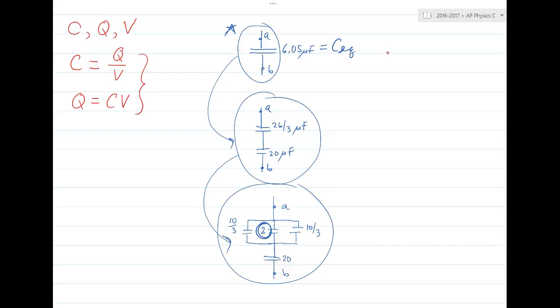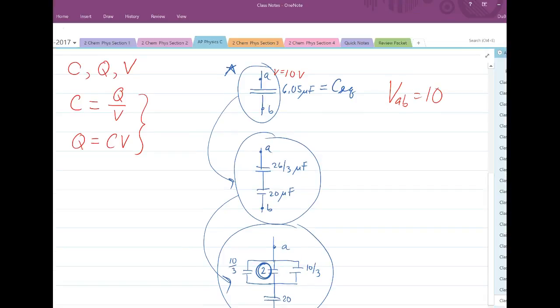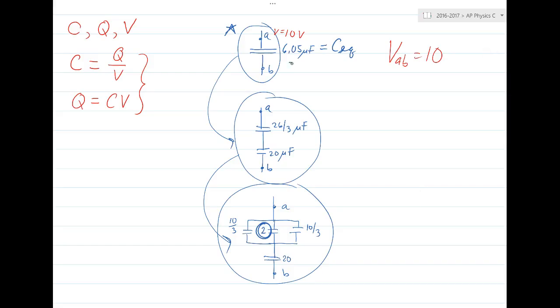Now, what we're told is that the voltage between A and B is 10 volts. So VAB is equal to 10. So there's 10 volts right here. And so that's V. And so we can automatically calculate charge. I'll do charge in green just to be consistent. So that means that QAB, so the total charge for this equivalent circuit, is going to be C equivalent times V, and that is 60.5 microcoulombs.